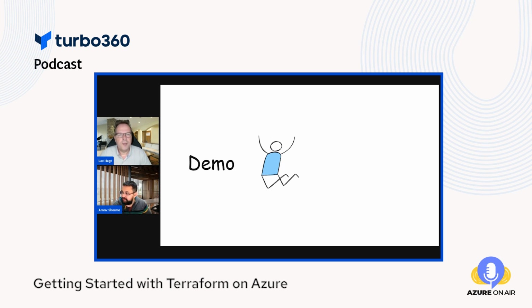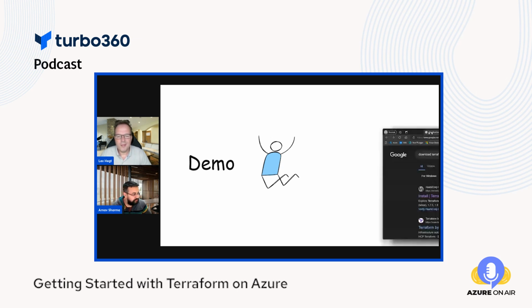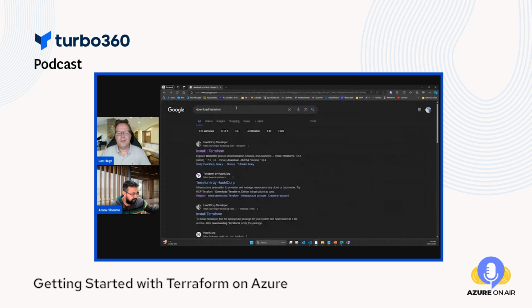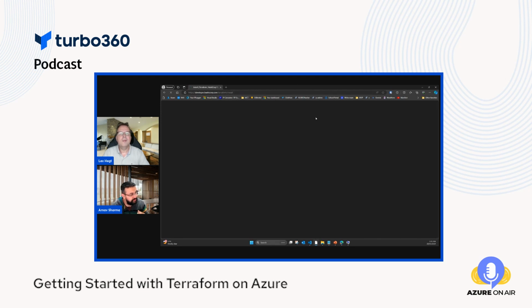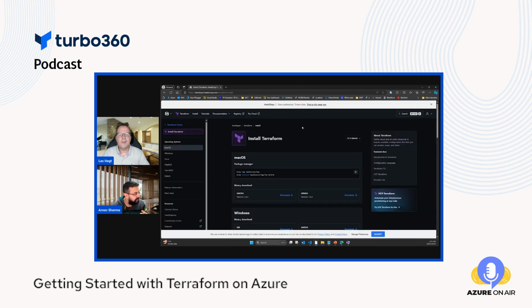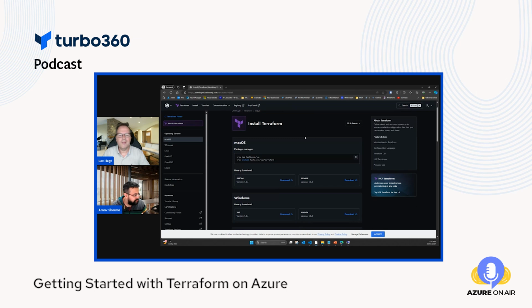So first things first, let's start with downloading Terraform. Just search in Google, Bing, whatever your tool is. You look for the first result, which is Install Terraform, and this will give you a page, sort of a GitHub-like page. On the left-hand side, you can select your OS: Mac, Windows, Linux, FreeBSD, OpenBSD, Solaris.